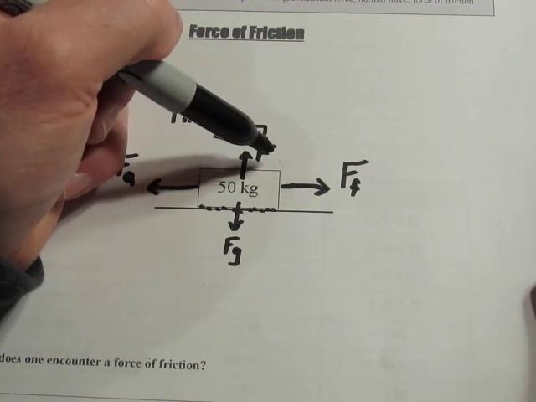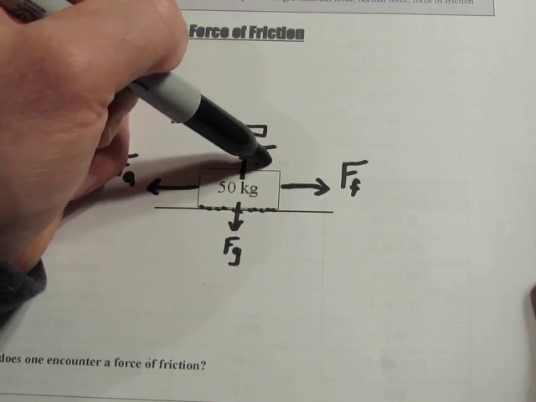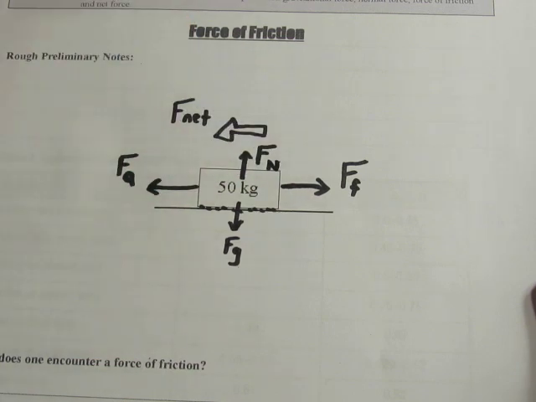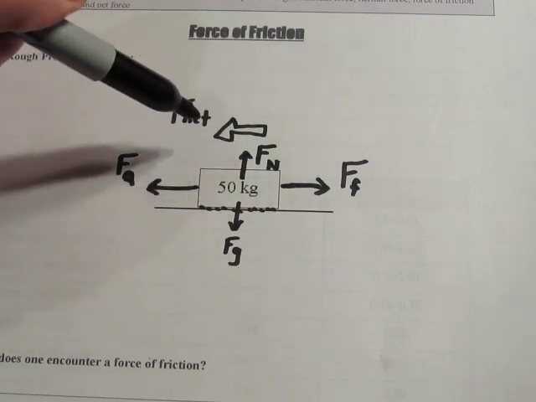It's called a normal force. Again, write a capital F and put a capital N in the lower right hand corner. These are the four forces that we deal with in most of the grade 11 situations.